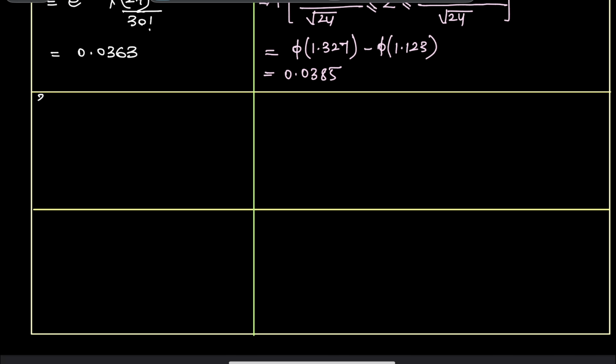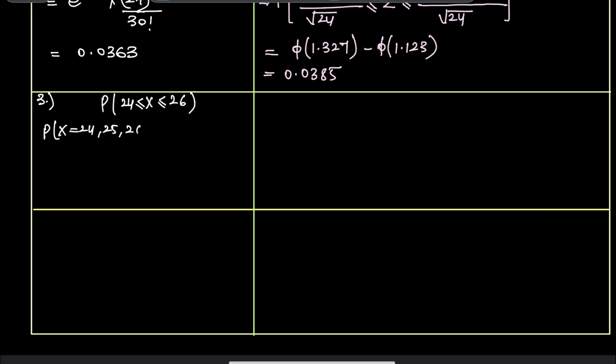So now in type 3 we have a question based on Poisson distribution where we need to find the probability of x less than or equal to 26 and greater than or equal to 24. Here we can see that the value of x lies between 24 and 26. So I will write down probability of x equals 24, 25 and 26.